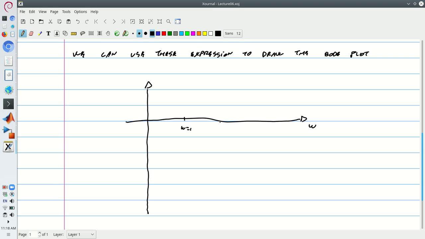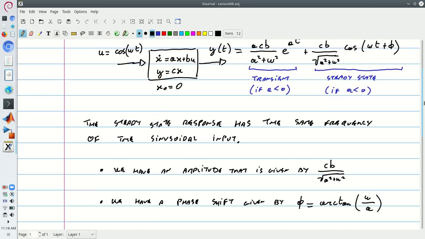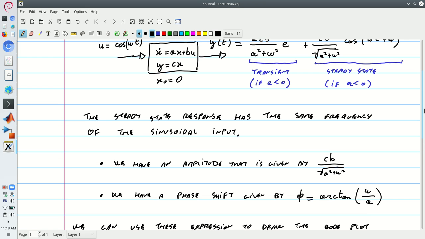Remember that omega has to be in a logarithmic scale, and also we have another axis for omega in logarithmic scales, so that we can plot the phase shift. So here we put the absolute value of the amplitude gain, and here we put the phase shift.